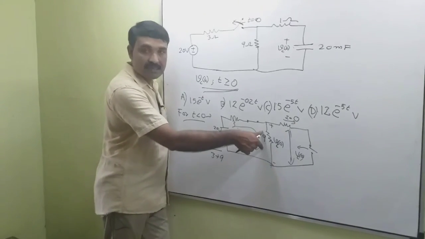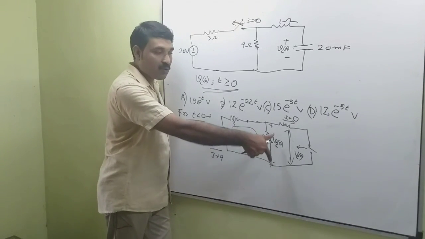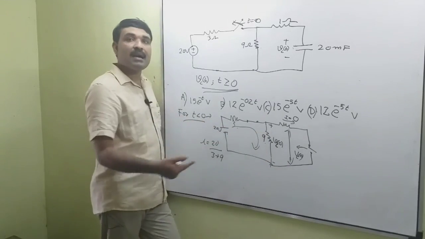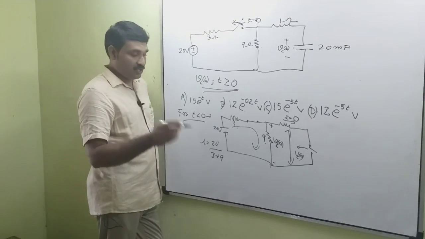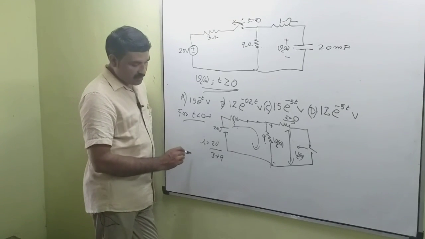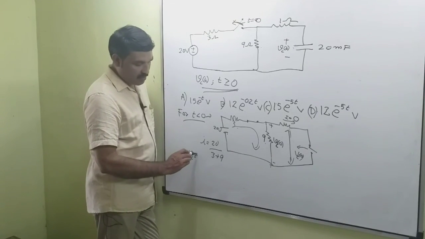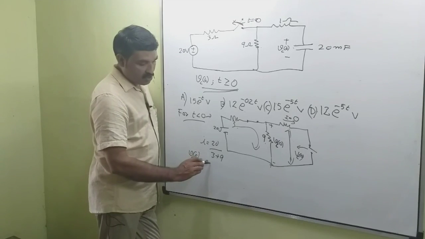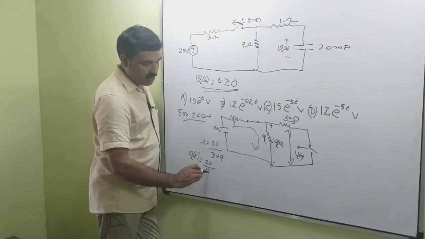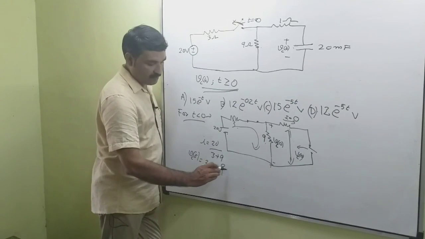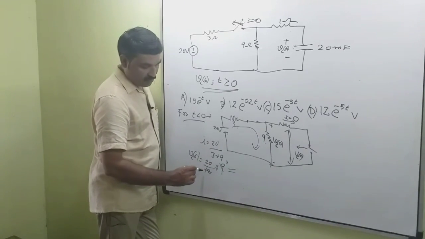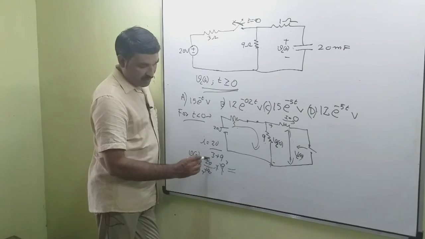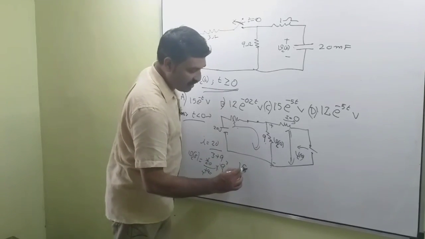That into this resistance will give the voltage across this resistance at time t equal to 0 minus. That is VC0 minus, that is equal to 20 divided by 12 into 9. That is equal to 3 times, this becomes 4, 5. That is equal to 15 volt.